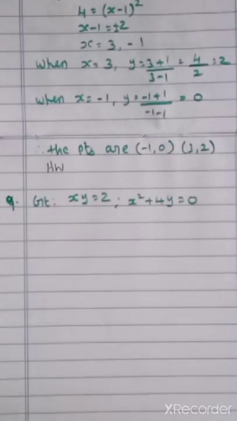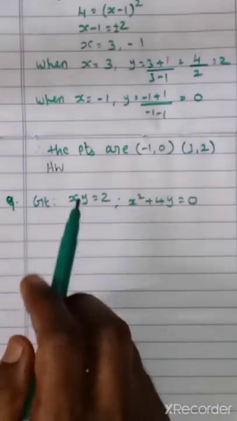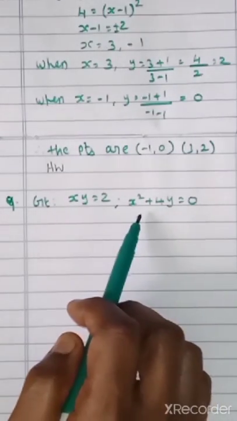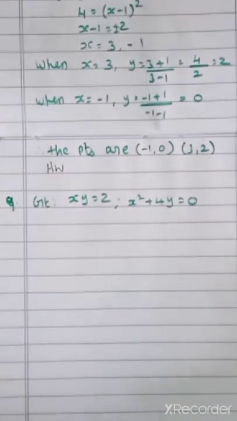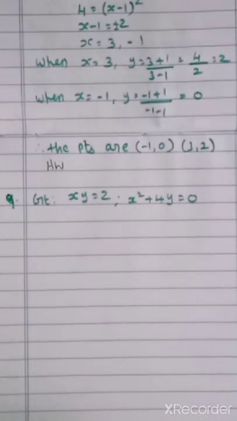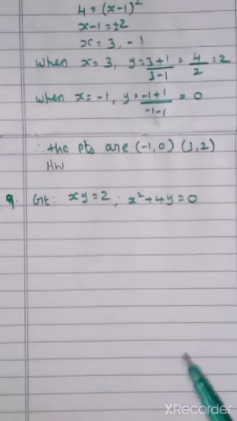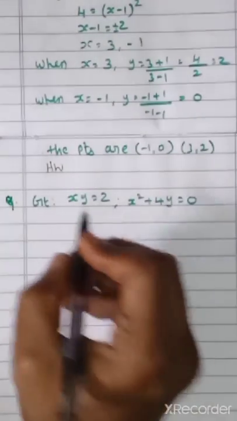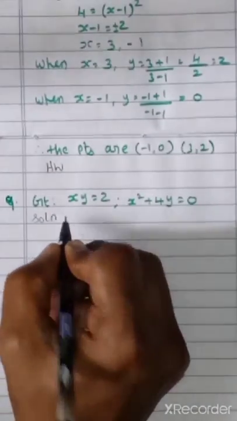Angle between the curves. Okay. We want 2 slopes, so m1 from the first curve, m2 from the second curve. Also we have to find out the points. If you know your point only, then you can find out the slope. Okay. Now we can see the solution.